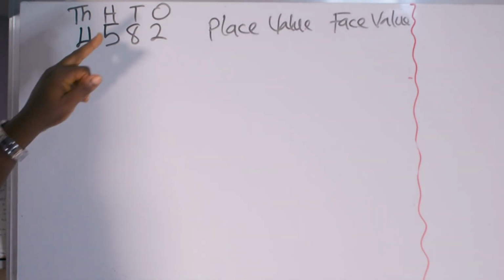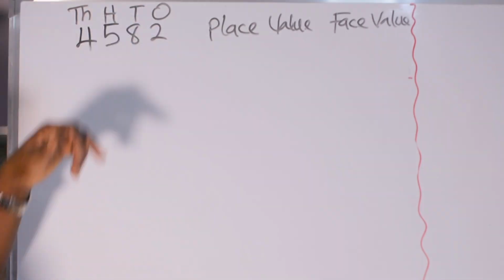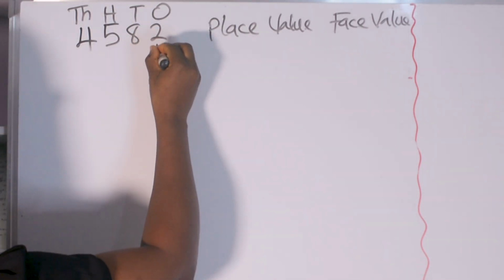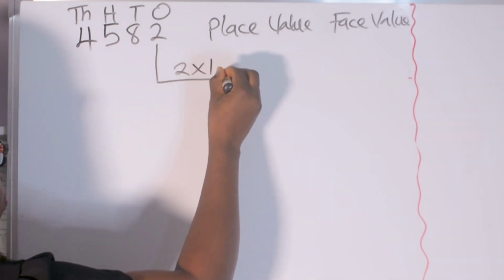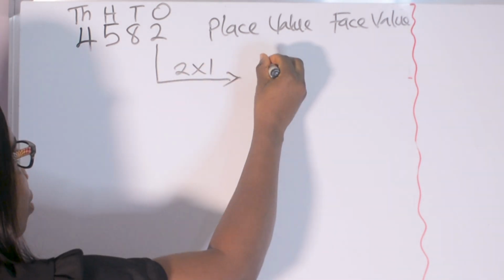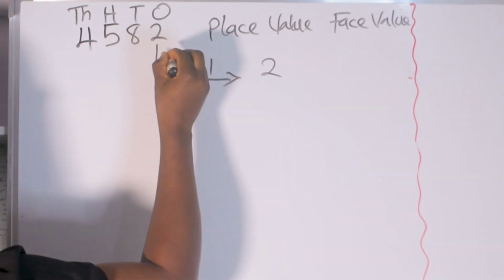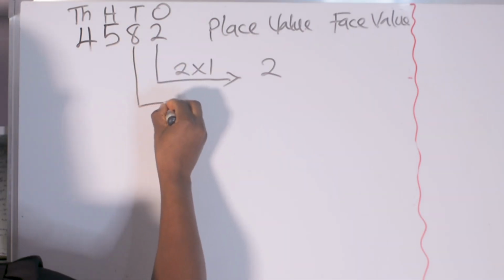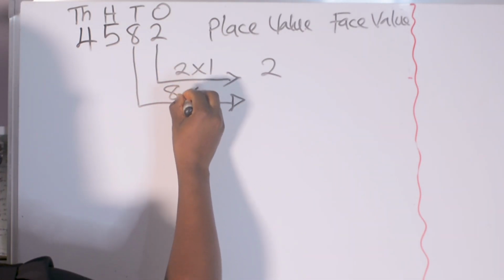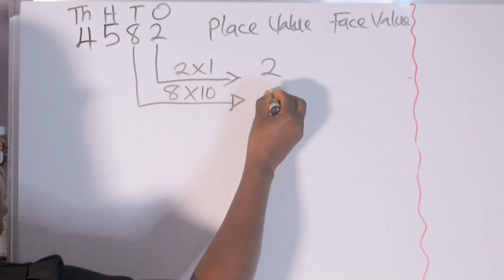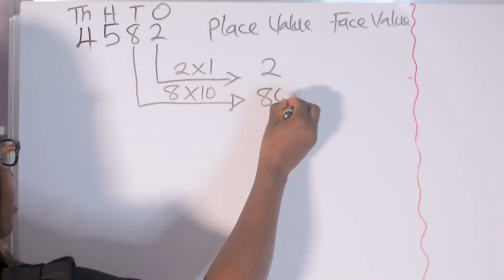Now, since number 2 falls under ones, it simply means the place value is 2 times 1, which is 2. And since number 8 falls under tens, the place value is 8 times 10, which is 80.